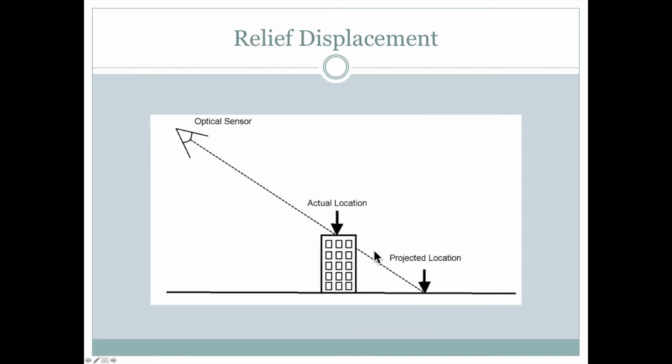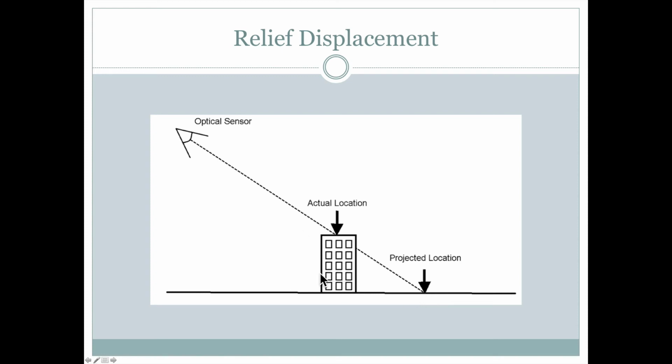So this relief displacement is important because you can imagine if the vertical aerial photograph was looking down from here, it would see this area just fine. But now that it's looking off on an angle on the same piece of film, it's actually seeing the top of this building. If it didn't know that that building was that high, it would just project it to this location here. That's where it would look like this point was.